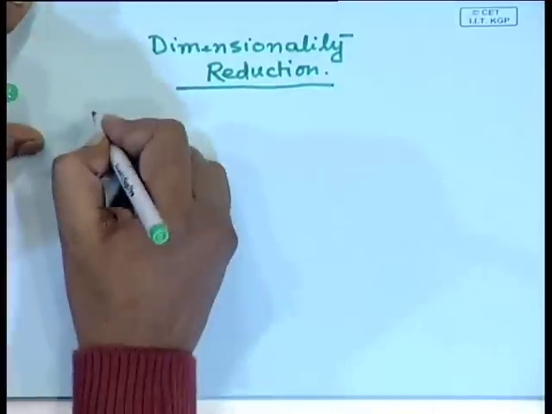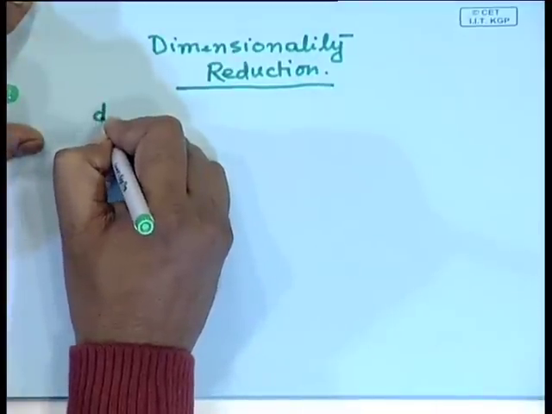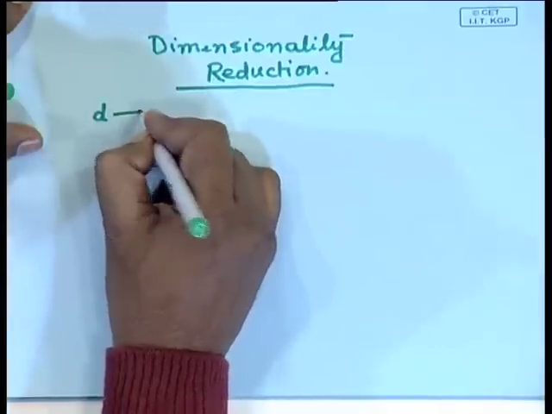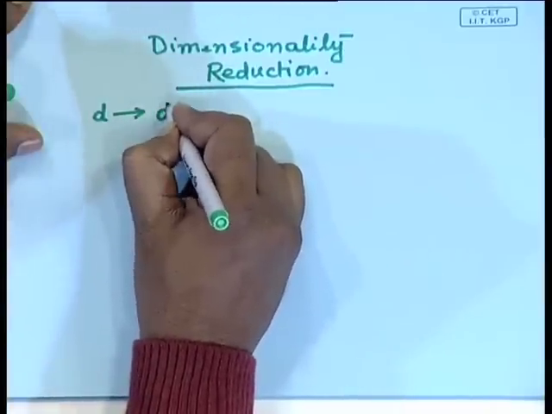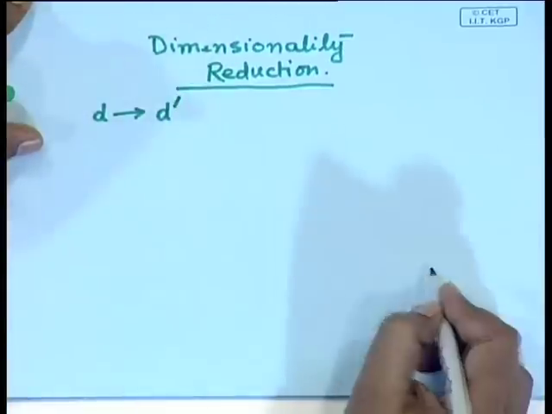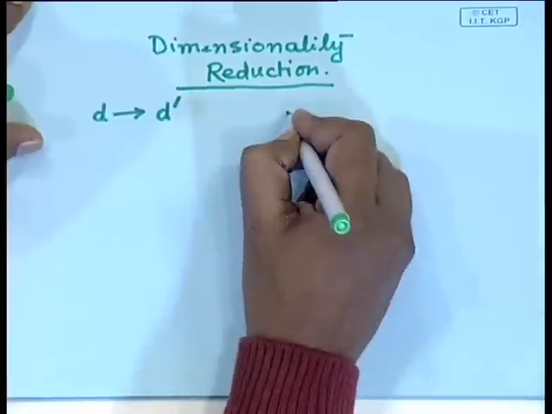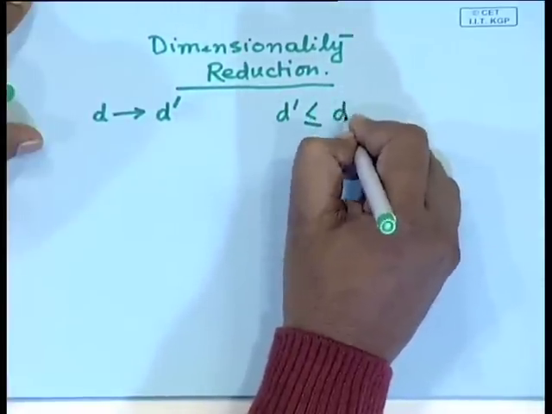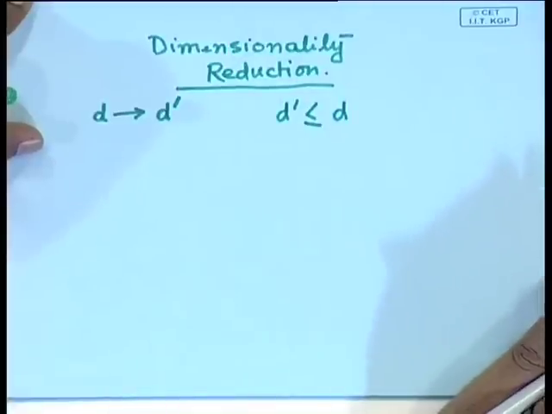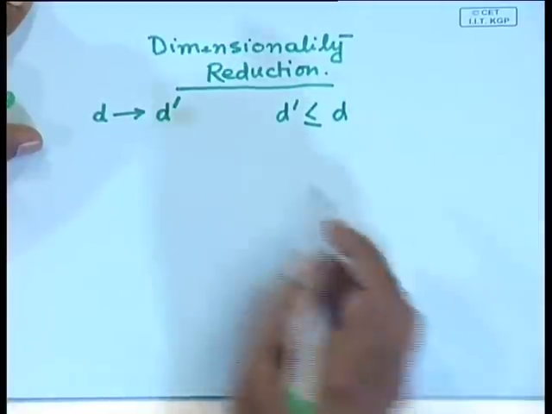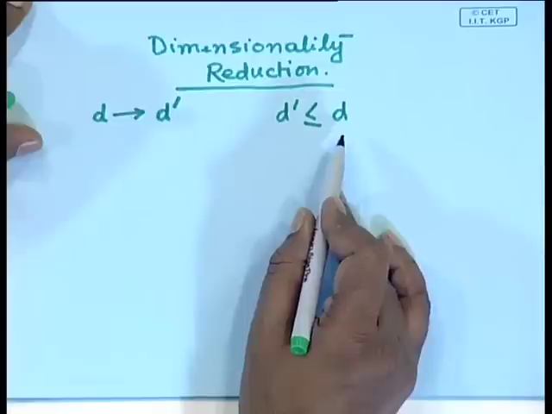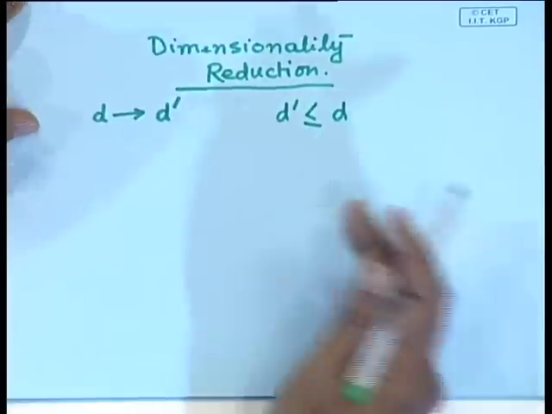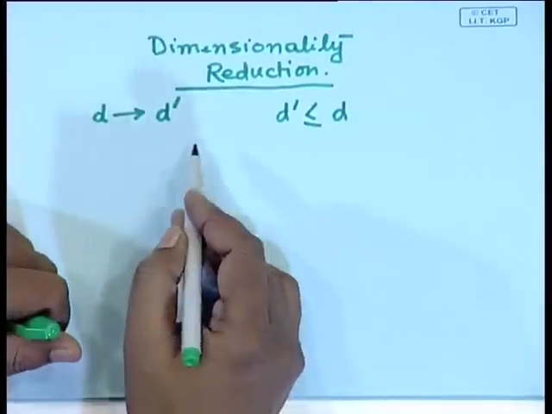That means, initially I have a feature vector of dimension d. I want to reduce these feature vectors to dimension d prime, where d prime is less than or equal to d. Obviously, I do not want d prime to be larger than d. At most it can be equal to d, but I target for d prime less than d. So, that the dimension is reduced.